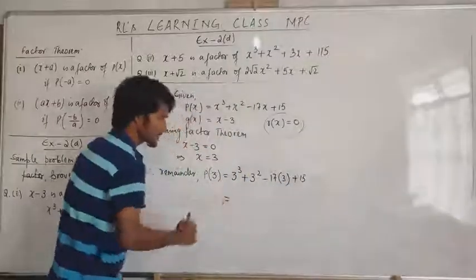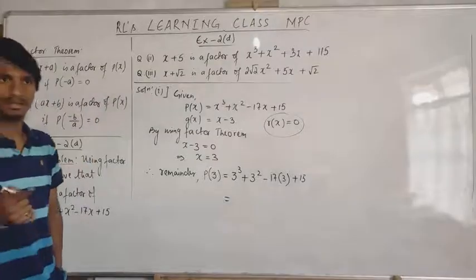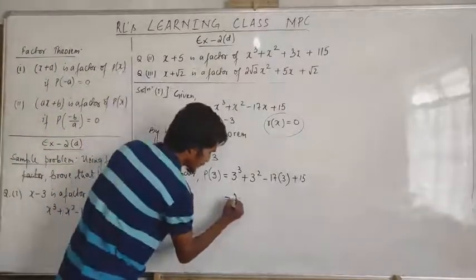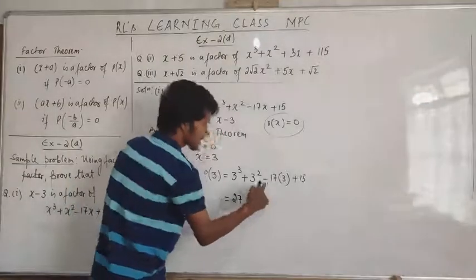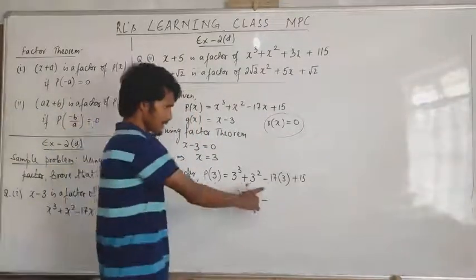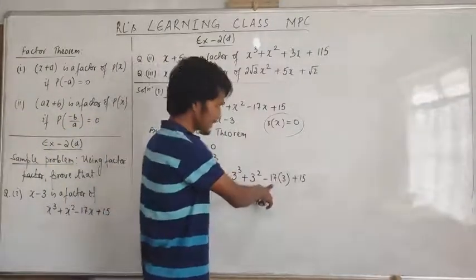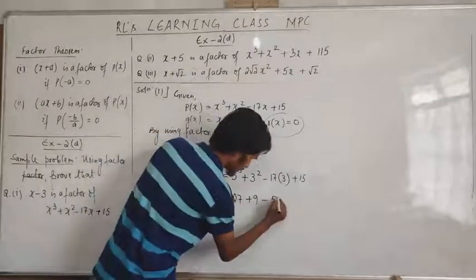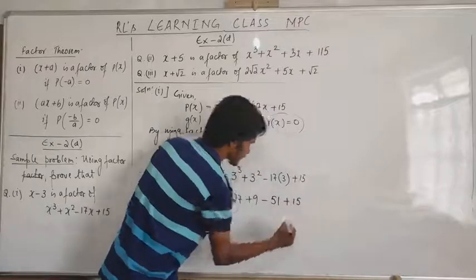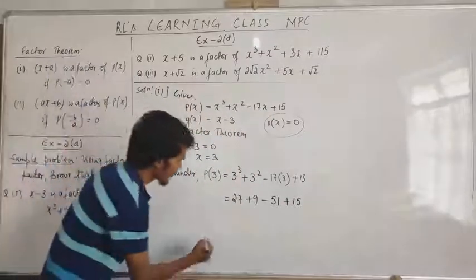Now 3 to the power 3 will be 27, then plus 9, then minus 17 into 3, which is 51, plus 15.